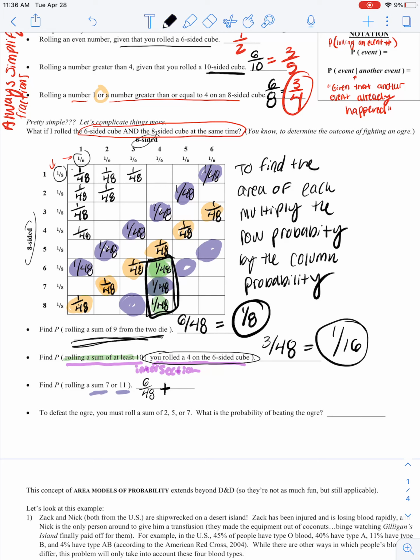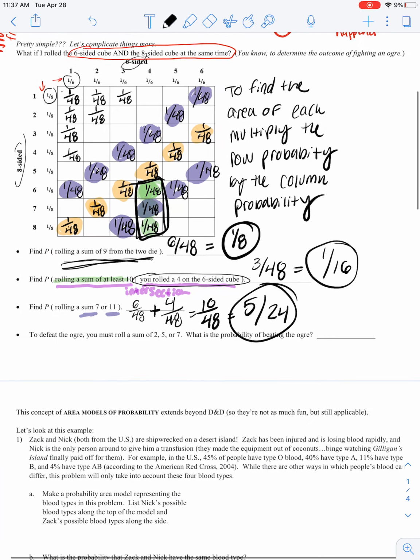So all of those sum to 11, and that's 4 out of 48. Adding those together, we get 10 out of 48, but when we simplify, we get 5 over 24.